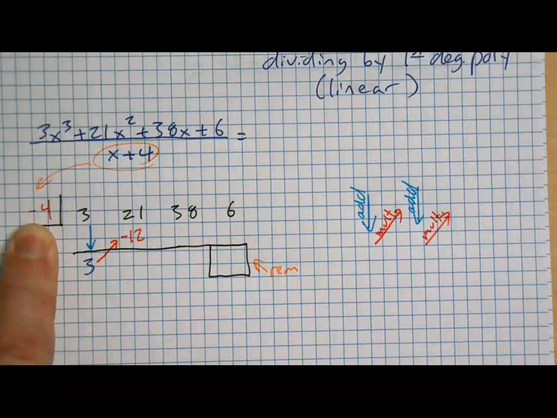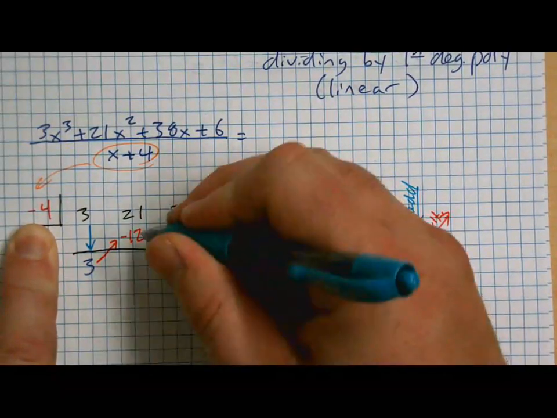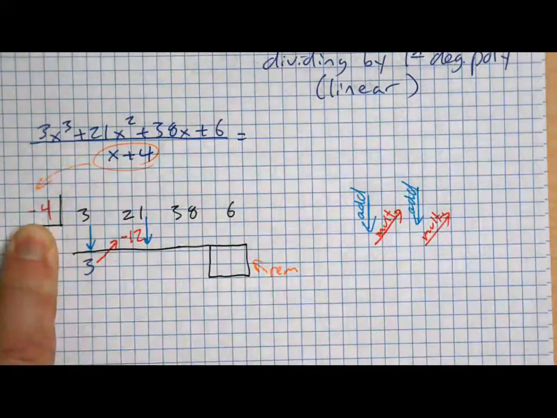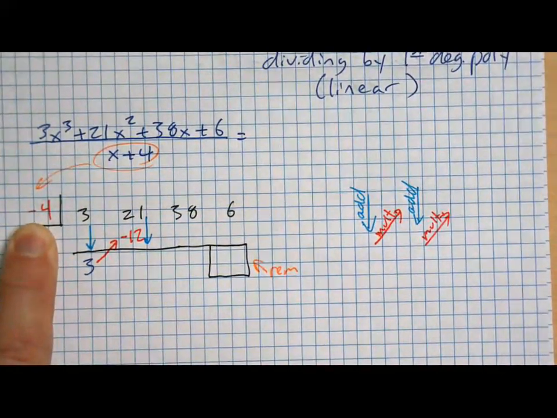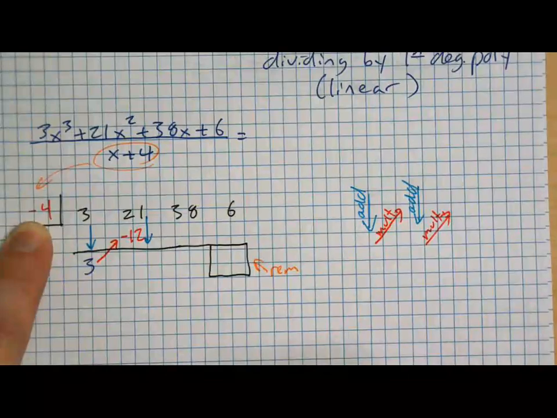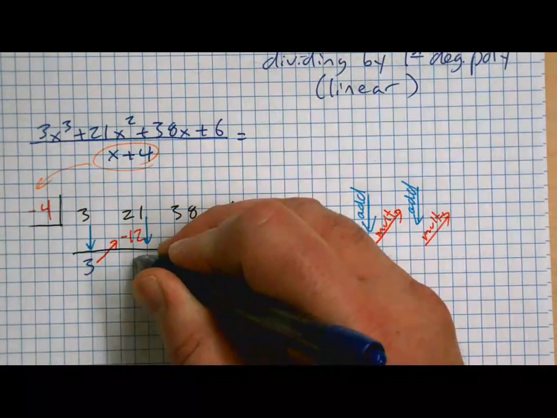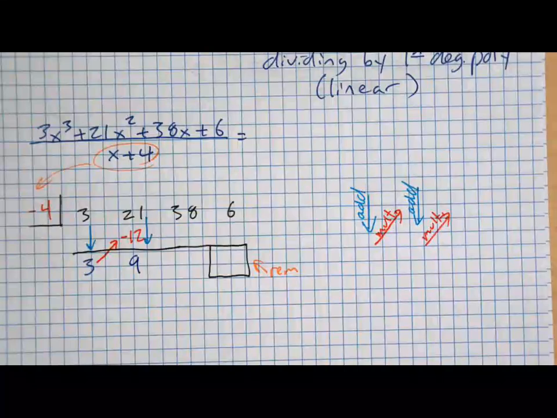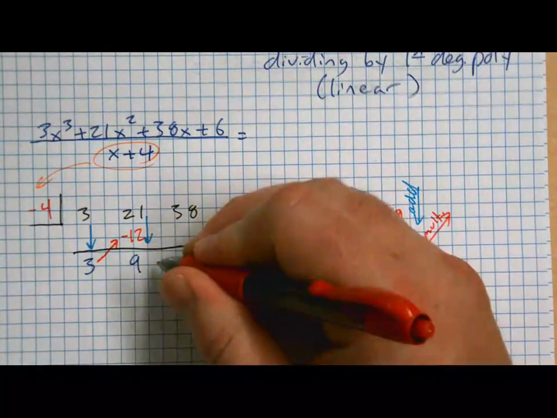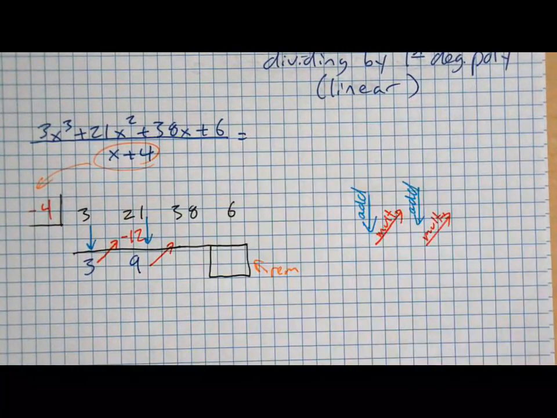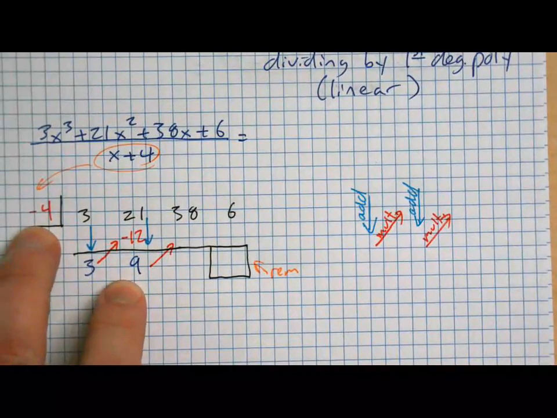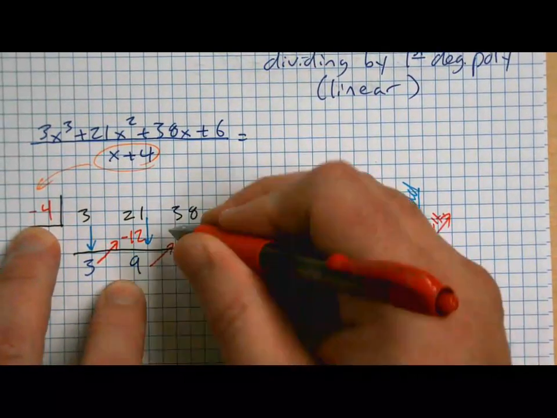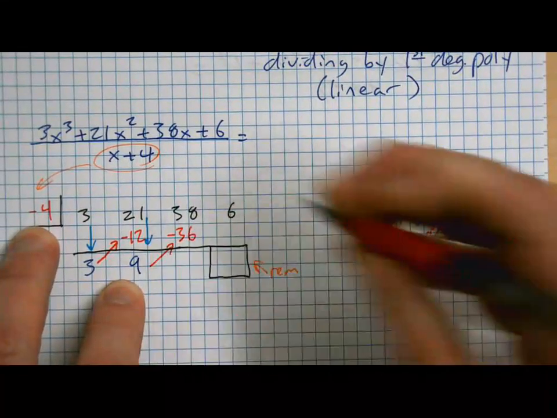And then we just rinse and repeat until we don't have anything left to do. So keep adding down. 21 plus negative 12 gets us positive 9. And then multiply up diagonally here. 9 times negative 4 gets us negative 36.